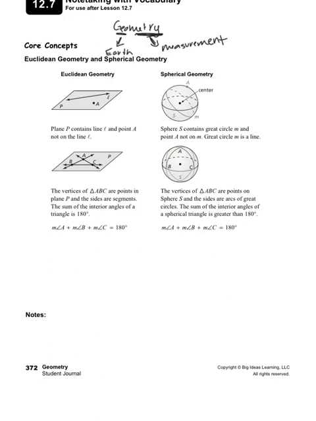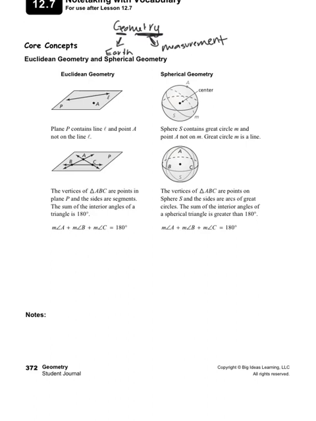If you compare these two examples, the first says plane P contains line L and point A not on line L. In spherical geometry, you would say that sphere S contains the great circle M and point A not on M. The great circle M would be a line.